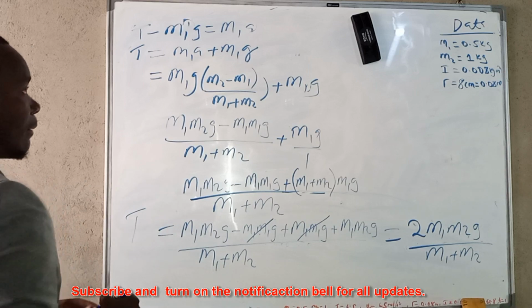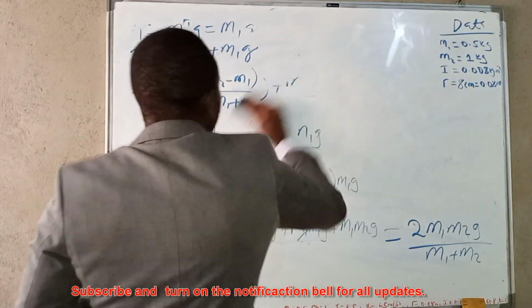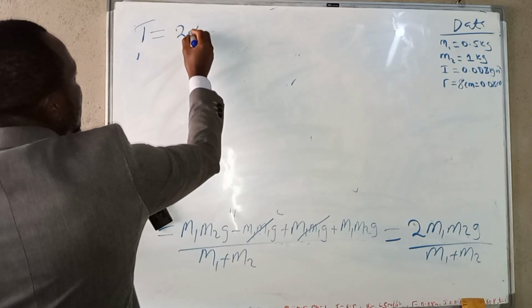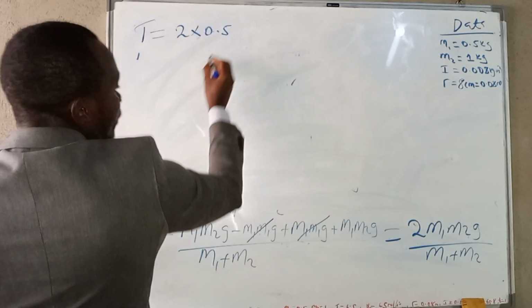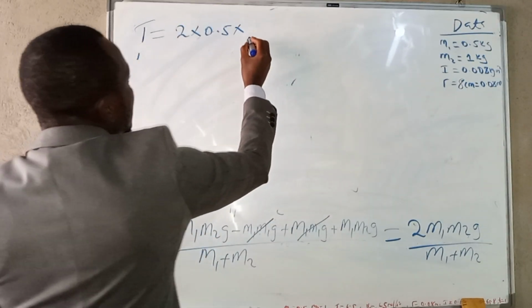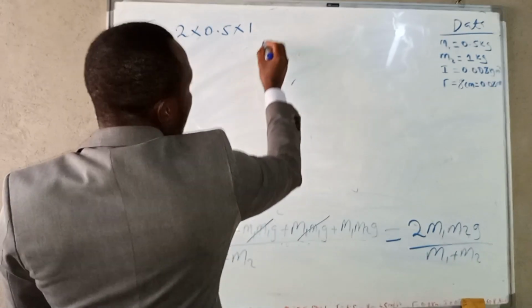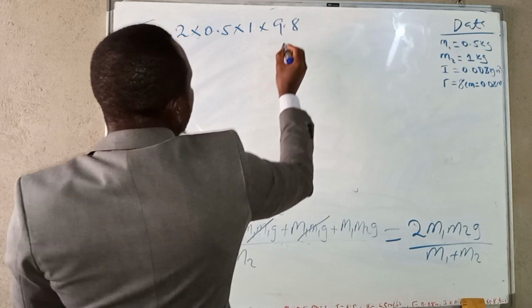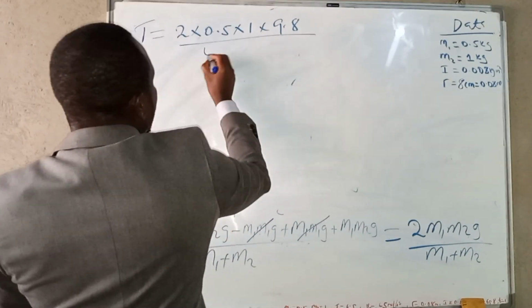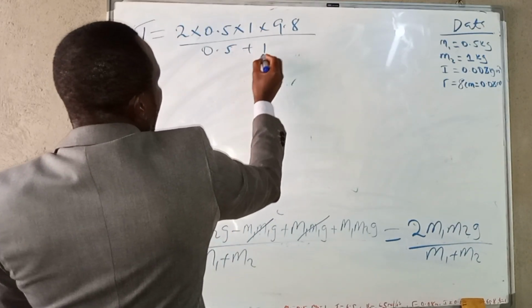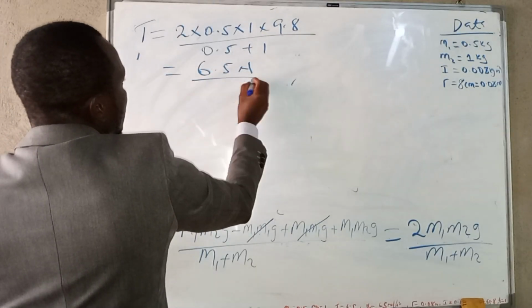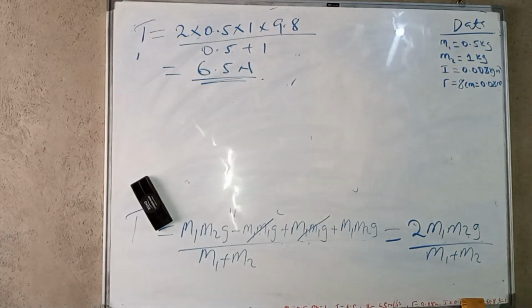Putting in the values, T is equal to 2 times 0.5 times 1 times 9.8 over 0.5 plus 1. This gives us 6.5 newtons as the value for tension.